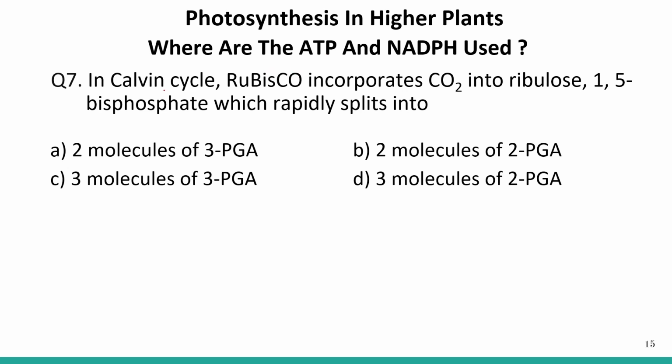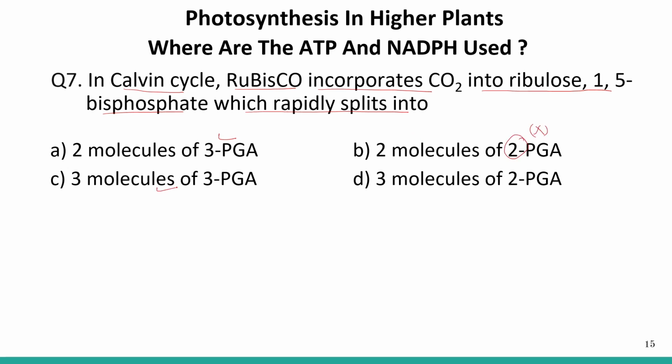The next question is, in the Kelvin cycle, Rubisco enzyme incorporates carbon dioxide into ribulose 1,5-bisphosphate, which rapidly splits into 2 molecules of 3-phosphoglyceric acid, 2 molecules of 2-phosphoglyceric acid. Not true.